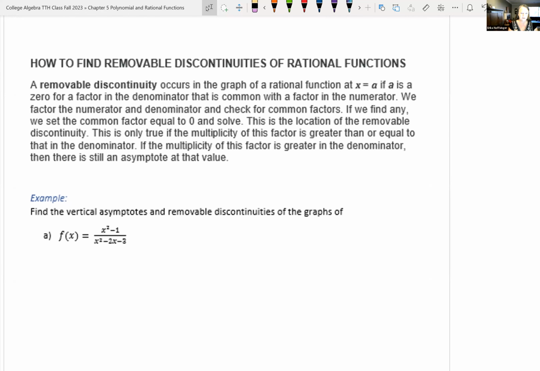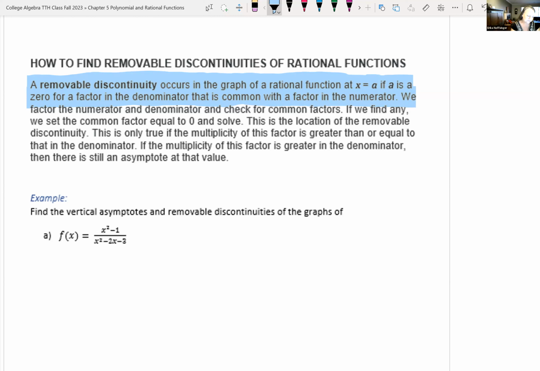Let me just read through what I just stated in words. I'll use my highlighter. The following states: a removable discontinuity occurs in the graph of a rational function at x equals a, if a is a 0 of the factor in the denominator that is common with a factor in the numerator.